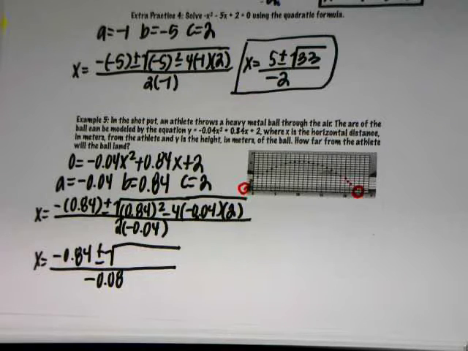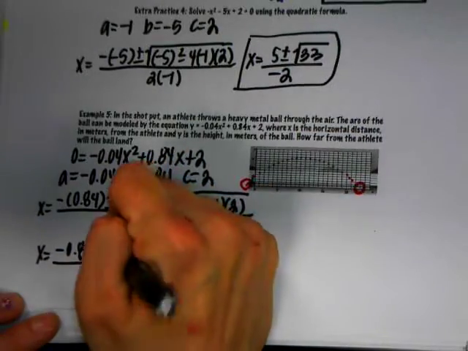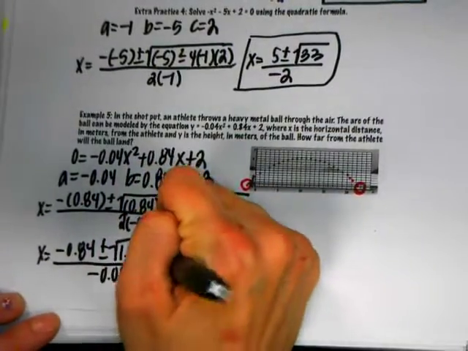Anybody? Guys, you all have calculators. You all should be plugging this in anyway. 0256. Yes, I might have just mixed them up. Yeah. Okay. 1.0256.